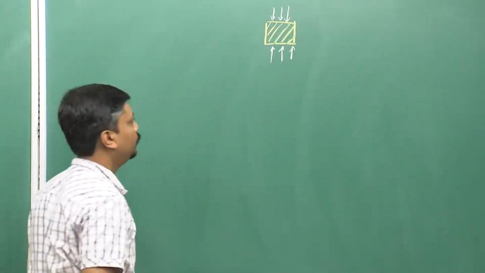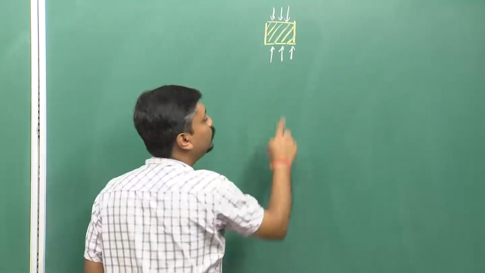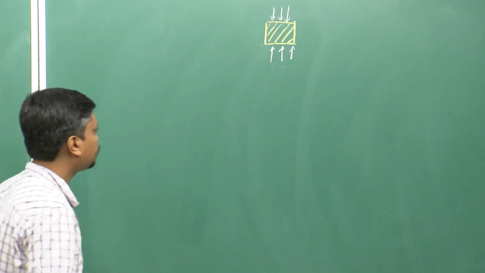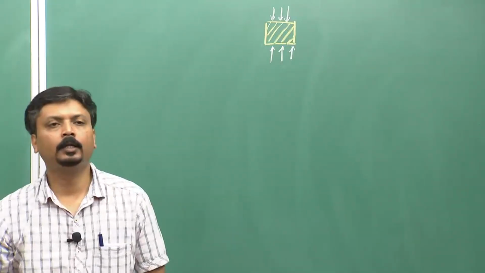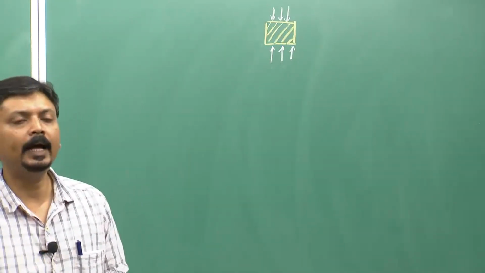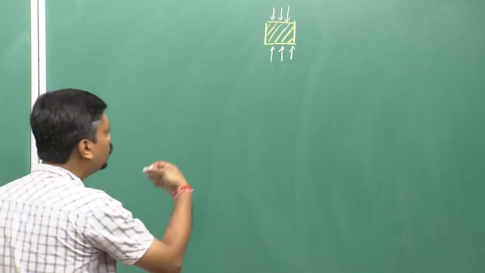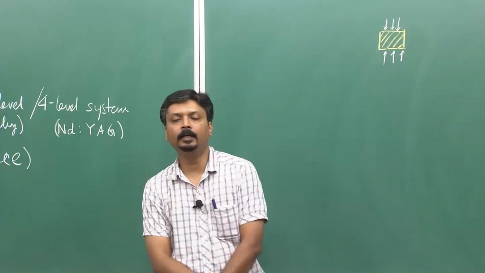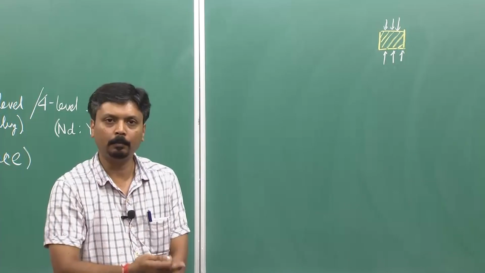Okay. So, this yellow one is my active medium and these white arrows just signify photons coming from the pump source. So, once I get these, then what will I get? I can excite the atoms within the active medium to the respective state, which can ultimately give rise to population inversion. So, I can create the population inversion.